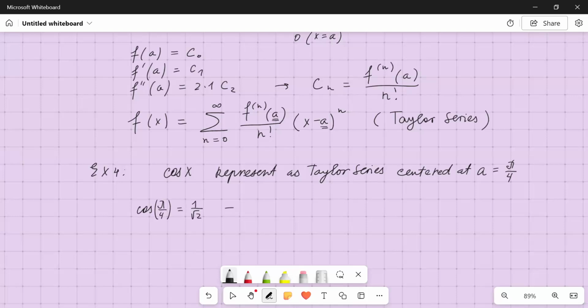So my first term, c0, which is just the function value, is going to be 1 over square root of 2. Then my second one is the derivative of cosine, right? The derivative of cosine is what? Negative sine. If I plug in pi over 4, I'm going to get minus 1 over square root of 2. So c1 equals minus 1 over square root of 2.